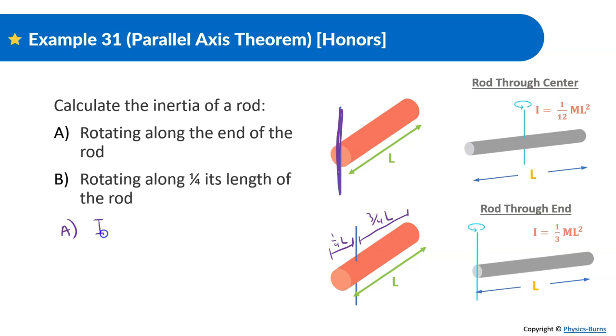We should know the inertia is going to be the inertia of the center of mass of the rod plus the mass of the rod times how far it is from the center of the rod. Inertia of the center of mass, we know that is 1/12 ml squared, plus the mass. And how far is it from the center? r is going to be equal to 1/2 L, squared.